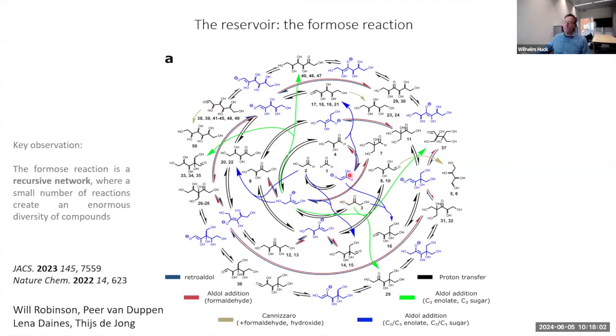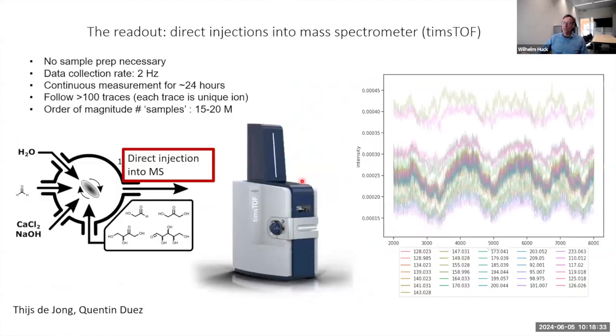What happens within minutes, there are so many reactive groups appearing because you create enolates, and then you do aldol reactions, retroaldol reactions, proton transfer, and every one of the new molecules that you generate can form any of the other reactions that were used to create them. So you get a very, very complex reaction network. We studied this before, so we have a good understanding of what happens. But in this case, it doesn't really matter what exactly happens in your reaction network.